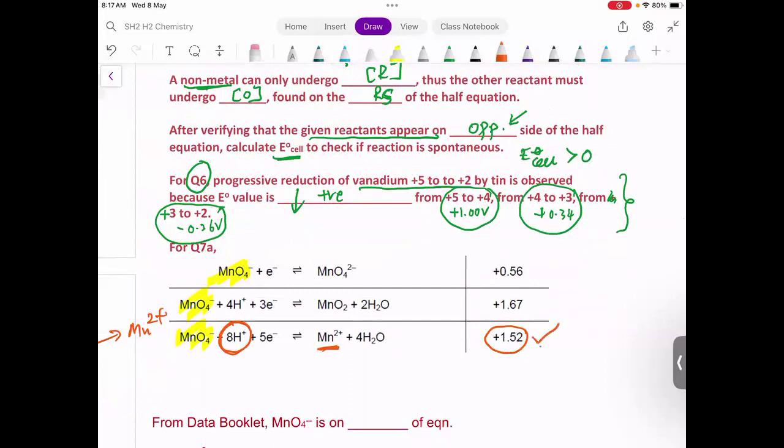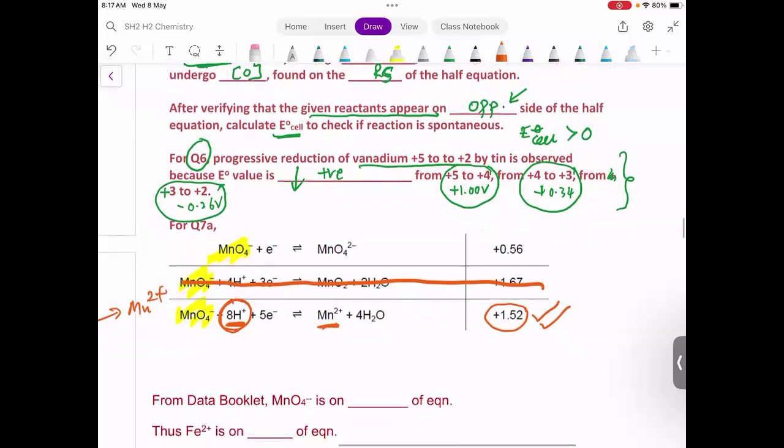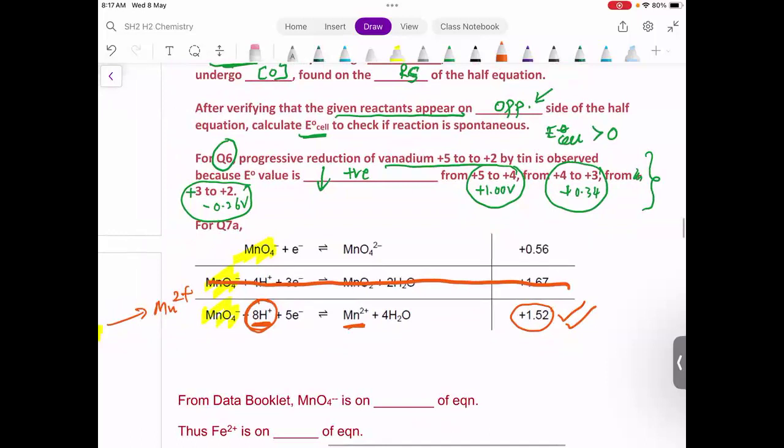Okay, so this is the one that you choose in acidified medium. You don't even consider this. Even though what we have been doing so far is we always choose the more positive one, it doesn't work for manganese. Okay, so this is what we have learned so far from the tutorials that we have done.